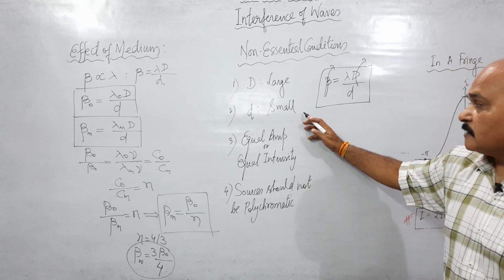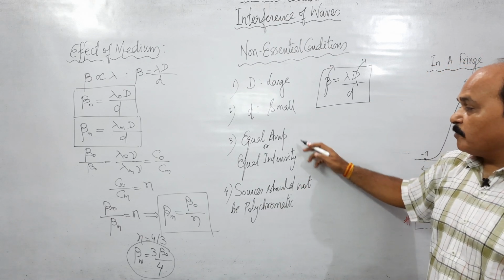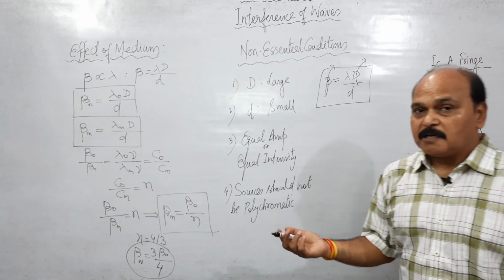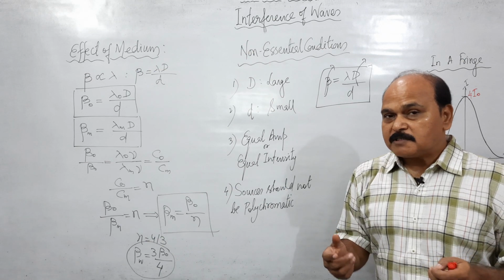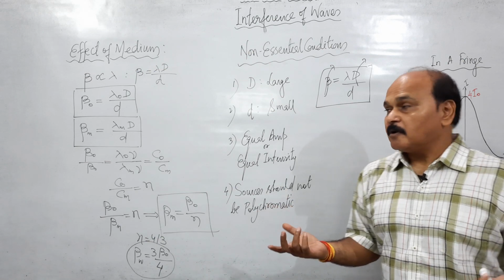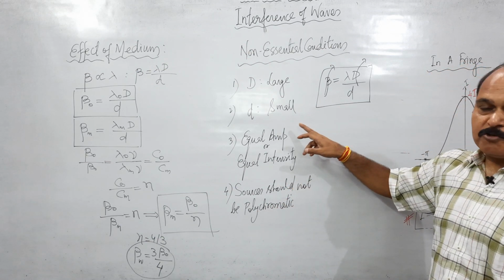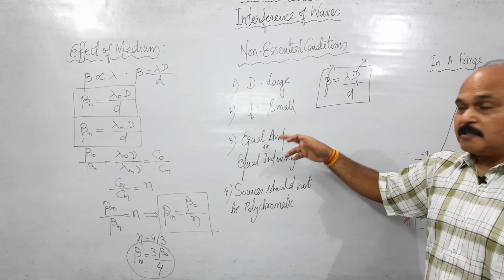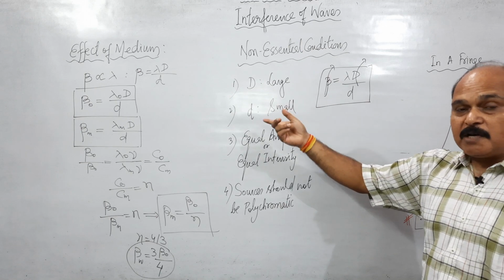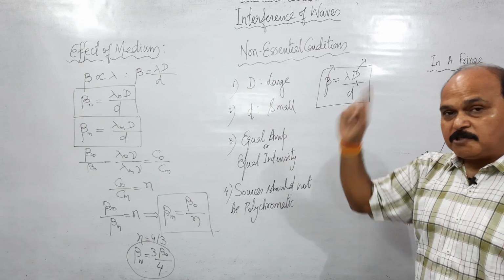So, second condition. Third condition, equal amplitude or equal intensities. If the two coherent sources produce waves of the same amplitude or same intensity, then what will happen? If A1 is equal to A2 is equal to A0, then maximum amplitude would be 2A0 and minimum amplitude in the interference pattern would be 0.